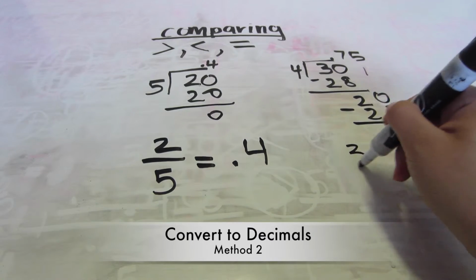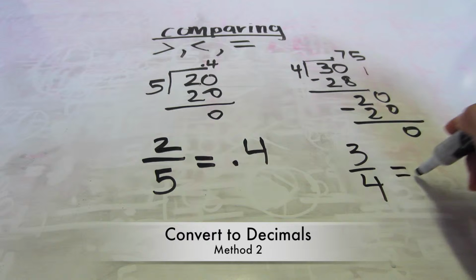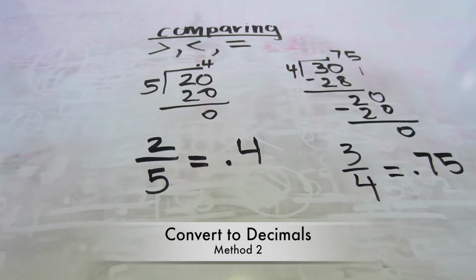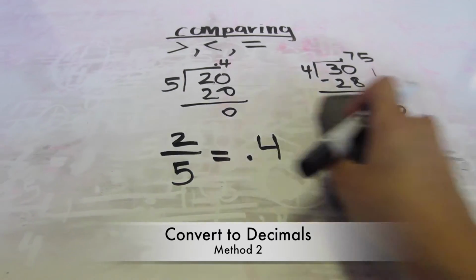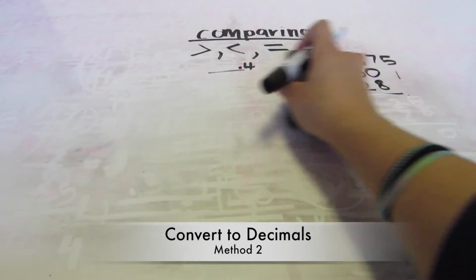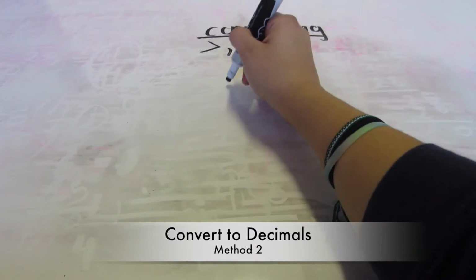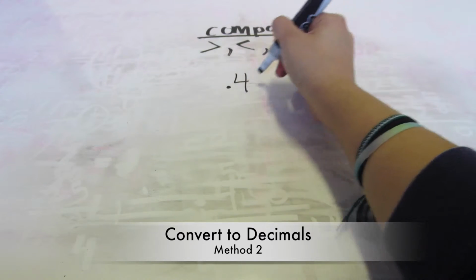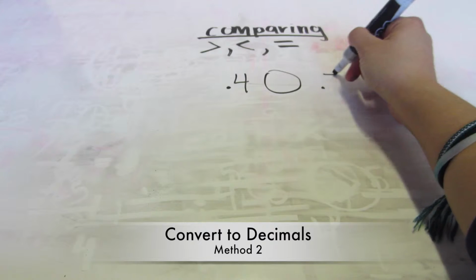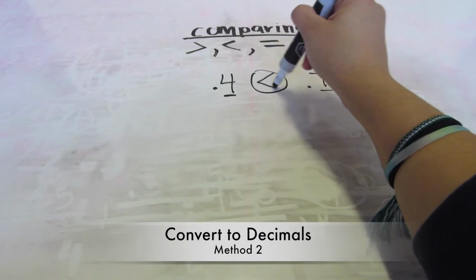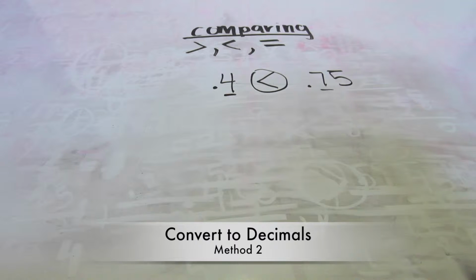So 3/4 is equal to 0.75. So now we can compare 0.4 to 0.75, and we can see that 7 is greater than 4, so 0.75 is greater than 0.4.